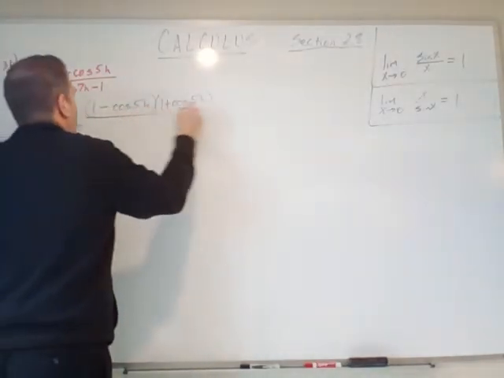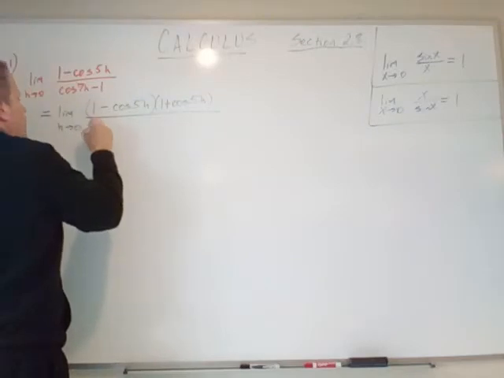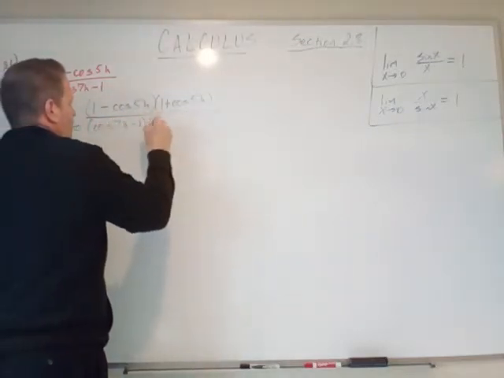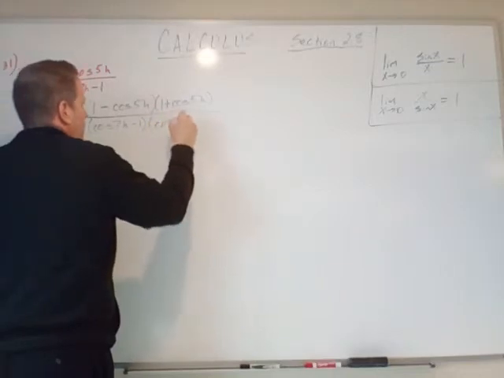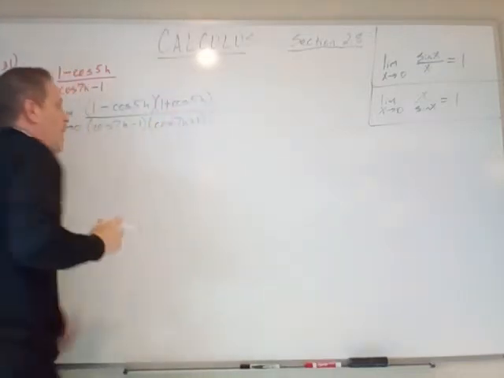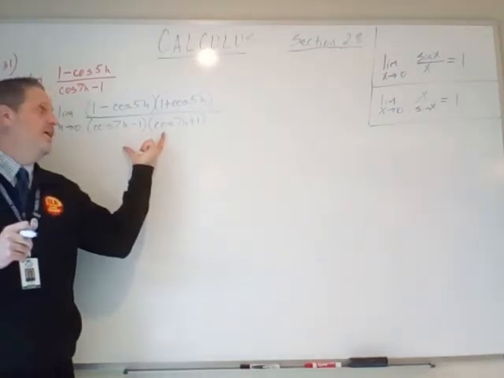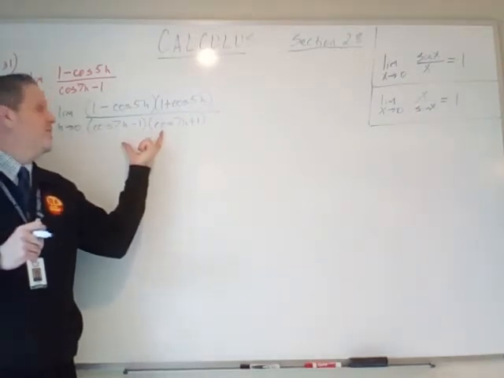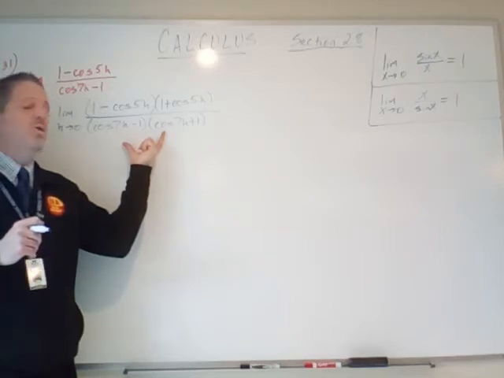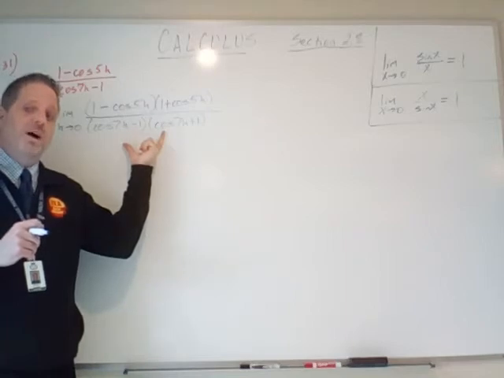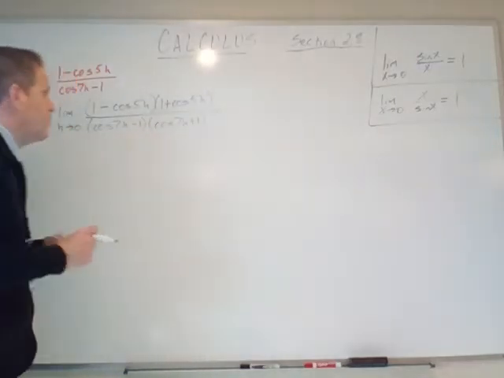In the denominator, we've got the cosine of 7h minus 1, so its conjugate is the cosine of 7h plus 1. Now when these two are multiplied together, they are going to be cosine squared 7h minus 1, which again means that we get the opposite of sine squared of 7h in this case.